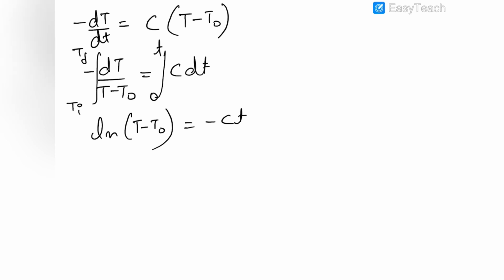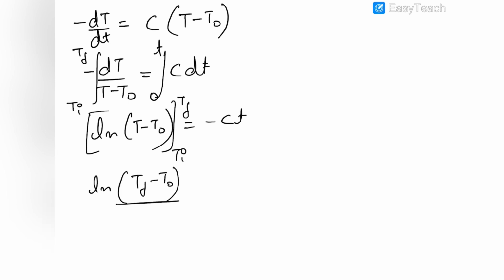where we are assuming that the initial temperature of the body was T initial, and at any time its temperature is T final. So this is the limit, T initial to T final, and this is ln of (T final minus T naught) divided by (T initial minus T naught), and it would be minus ct.